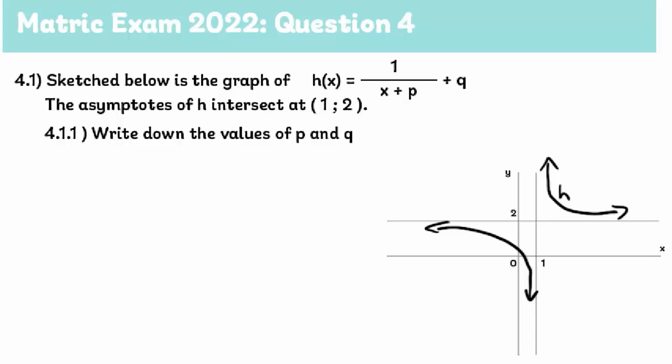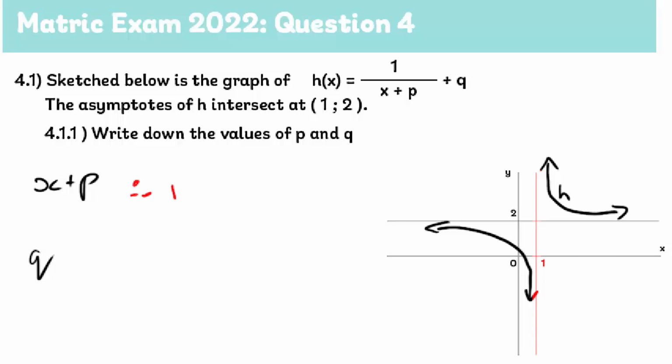So we learned in grades 10 and 11 that the x plus p component gives the vertical asymptote, and the q represents the horizontal asymptote. If you look at the vertical asymptote, it's moved 1 to the right, which means it's minus 1.